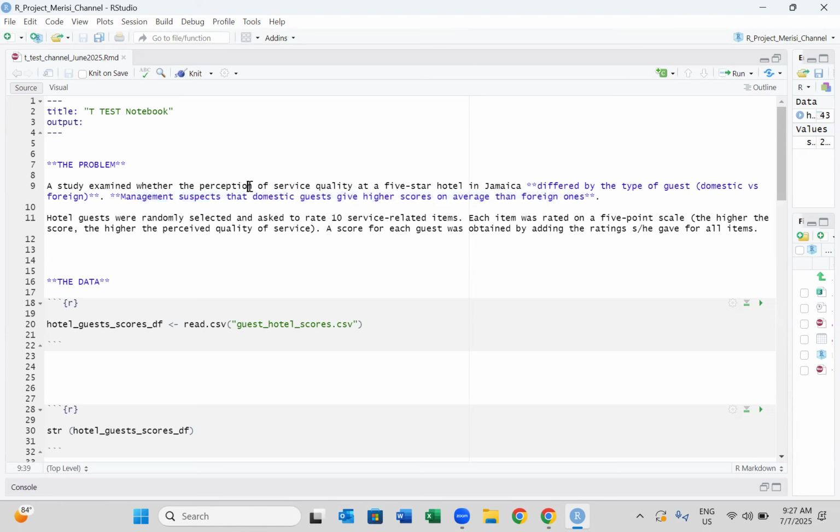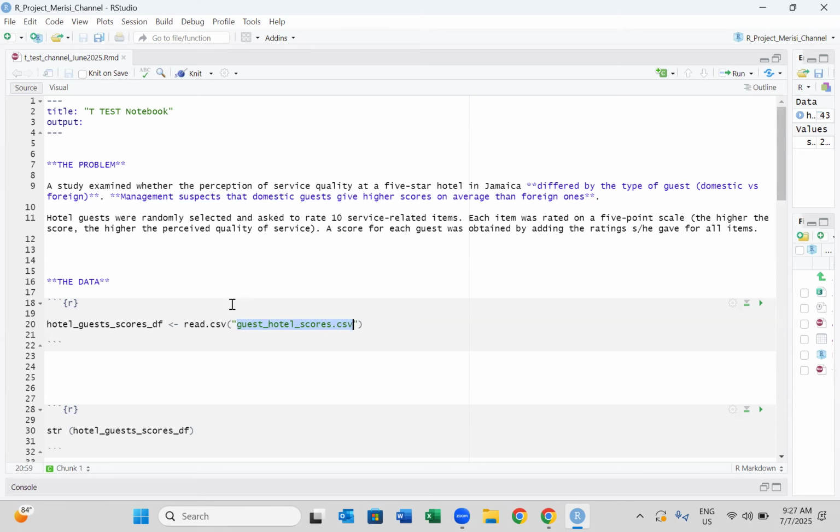For this problem, there's data available. I have that data stored in a CSV file locally, on my computer. As you will see, in that CSV file I have only two columns: one column for domestic scores and another column for foreign scores or ratings.